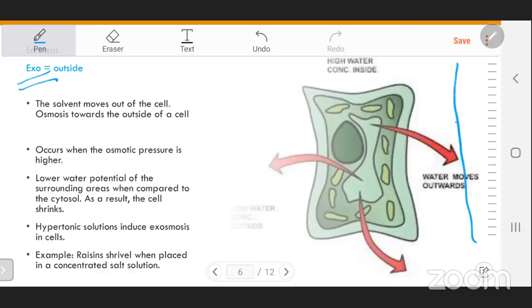So to equalize the concentration of solvent in both the cell and outside of the cell, the water from the higher region of concentration, that is from inside the cell, will move to a lower region of solvent concentration, that is outside the cell, and the whole process is known as exosmosis. Exo means outside, that is water always moves outside the cell.